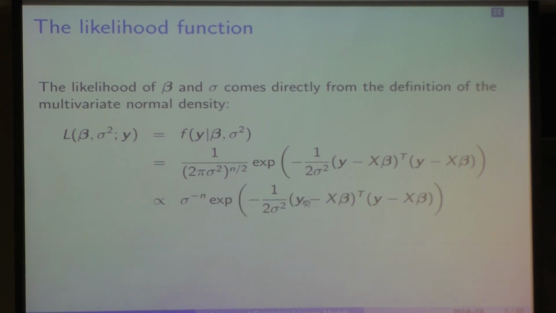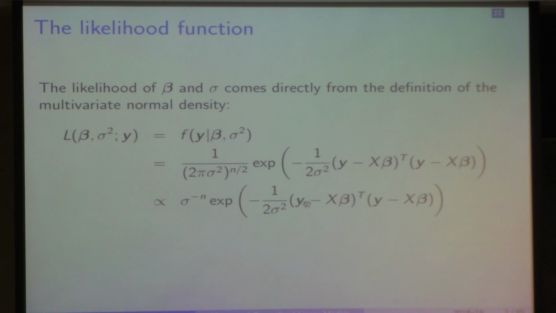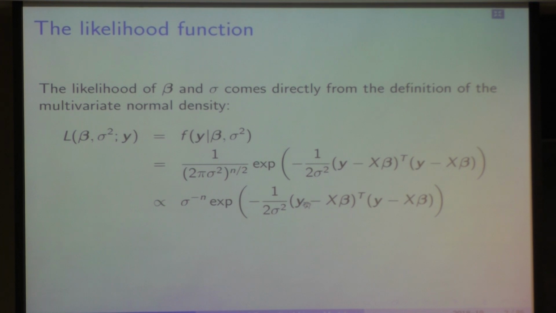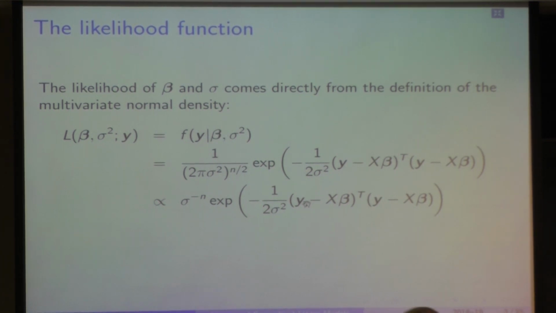So then, when we work with likelihoods, we're not interested in constants which don't depend on the things we're trying to estimate. The things we're trying to estimate are sigma squared and beta. Those are our unknown parameters. So where things don't depend on sigma squared and beta, we've taken them out as a constant, and we've just written a proportionality term here.